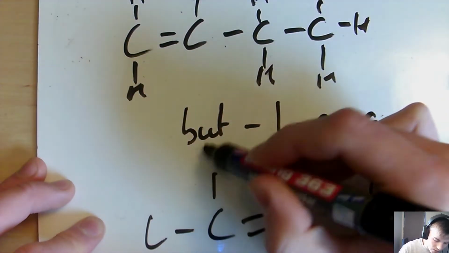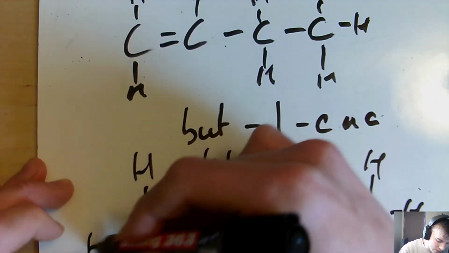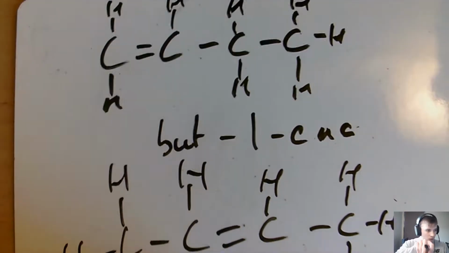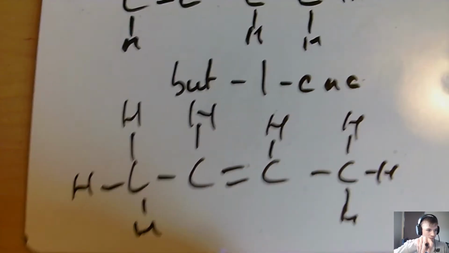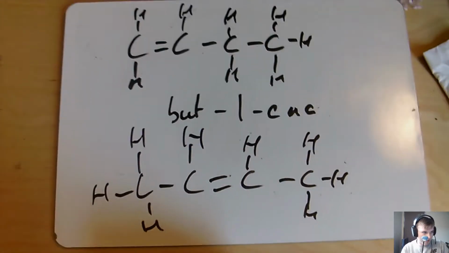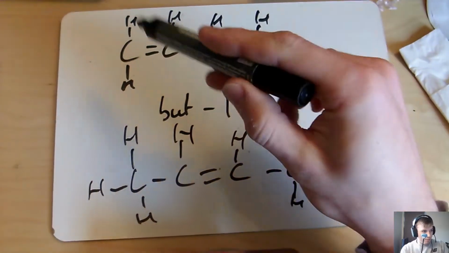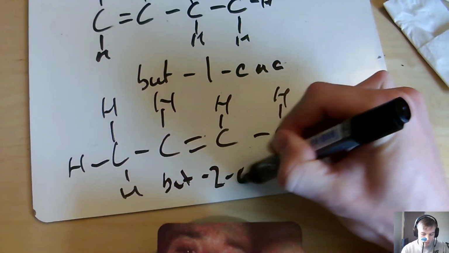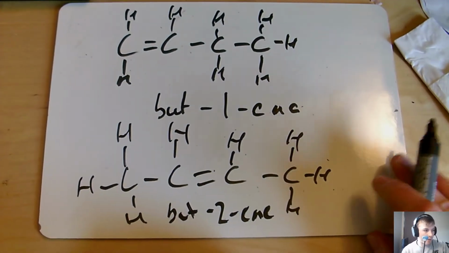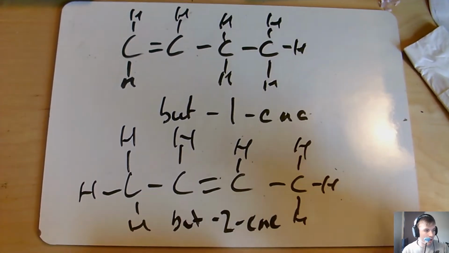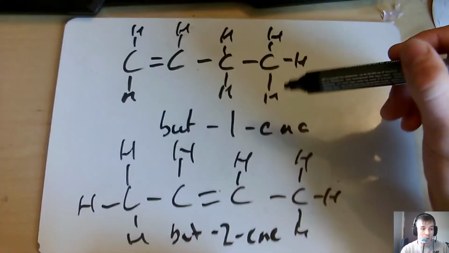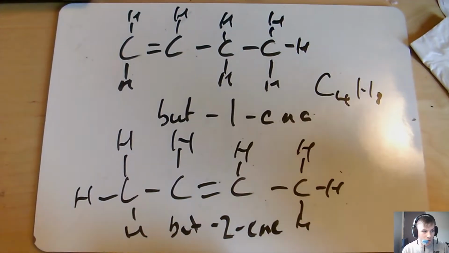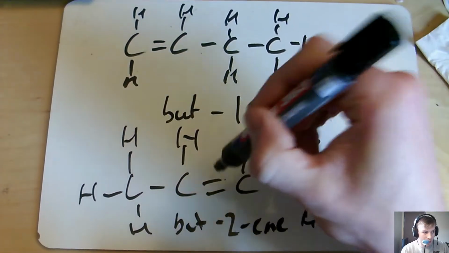If I draw this out again, sorry, my setup isn't that good, but if I lift this up a bit so you can see, but-1-ene has the carbon-carbon double bond on the first carbon, but-2-ene has the carbon-carbon double bond on the second carbon. This means it has different properties. They're the same chemical formula, both C4H8, but they're different structures because the carbon-carbon double bond is in a different place.